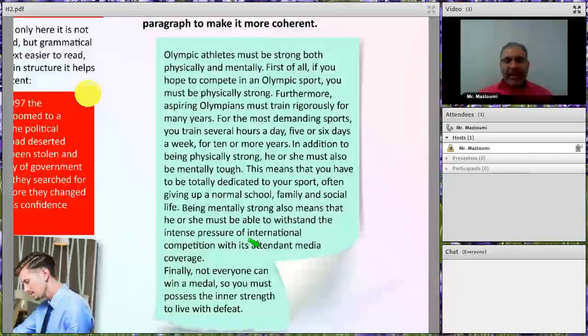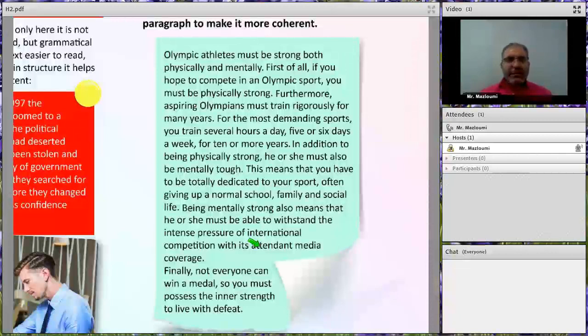Attendant media coverage. Everyone, attendant media coverage means related or caused by media. What is media coverage?